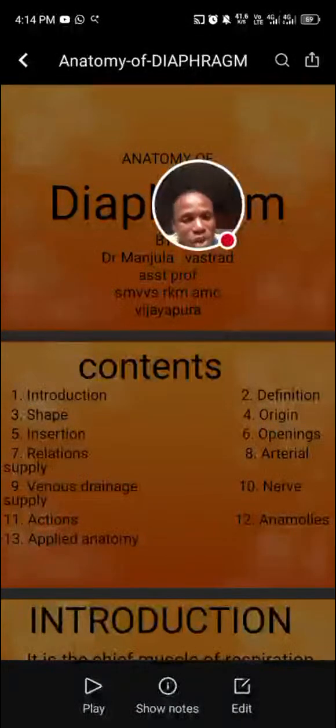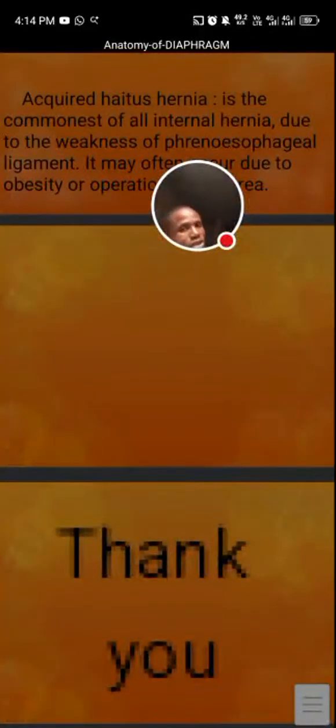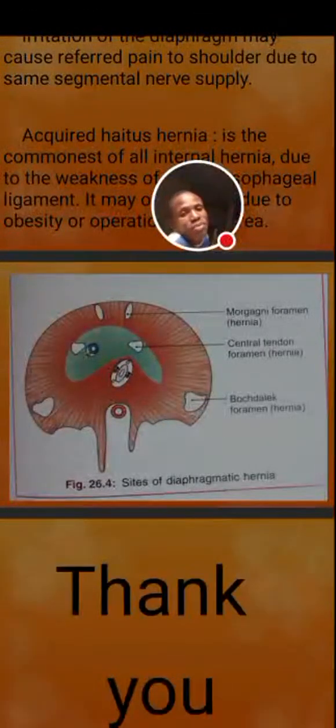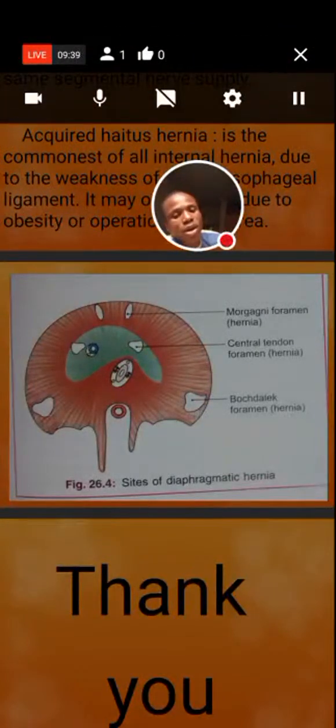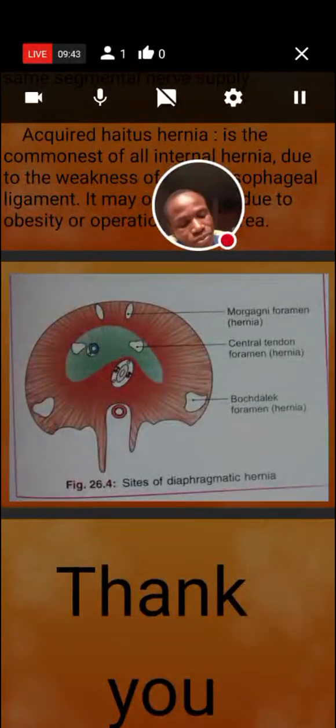In the morning we talked about the diaphragm, a whole lot about the diaphragm. We started from the meaning of diaphragm, the introduction of diaphragm. After that, we talked about the definition of diaphragm. Do you follow? After that, we talked about the shape of diaphragm.